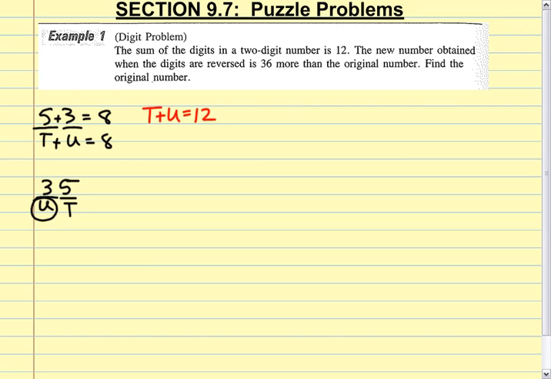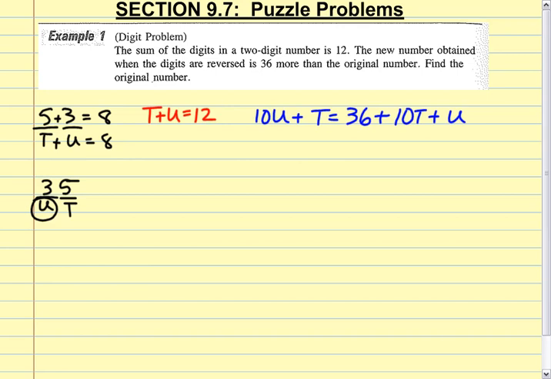So if I reverse it, I would say 10 times, not the t because I reversed them, but the u, whatever number was in the u place, plus 1t, because now the tens number is only worth 1 because I reversed them. This new number is 36 more than the original. Well, that would just be 10 times the tens digit plus u.